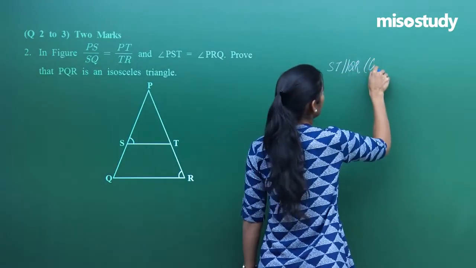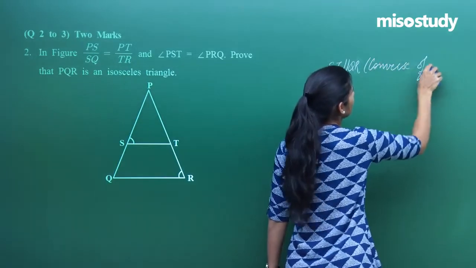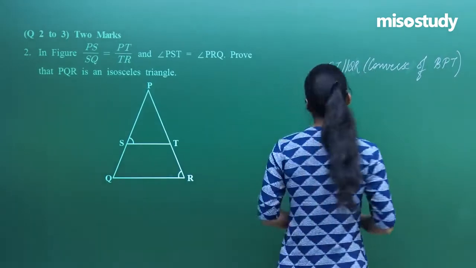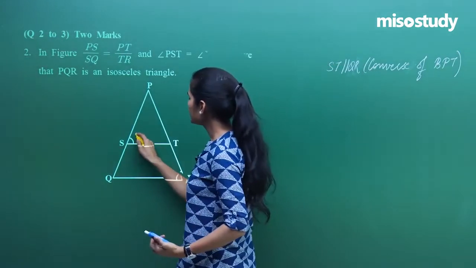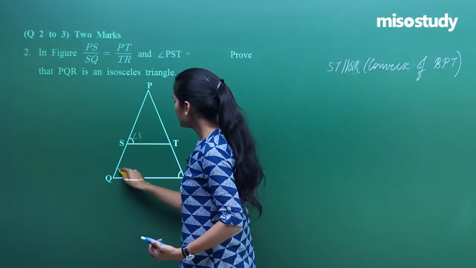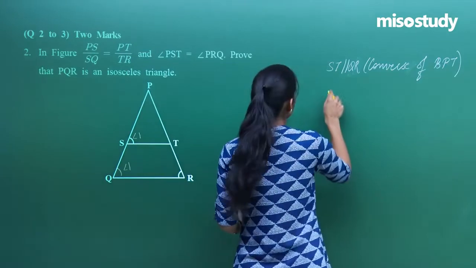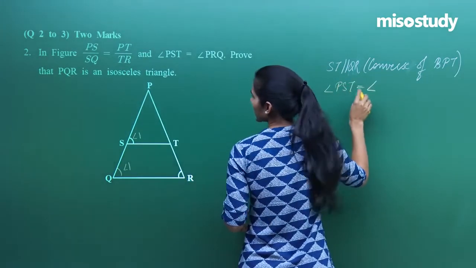The moment I have ST parallel to QR, you can very easily identify if this is angle 1, even this is going to be angle 1 because these are corresponding angles.